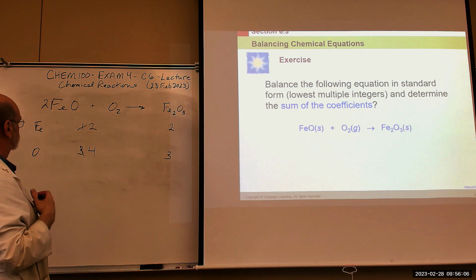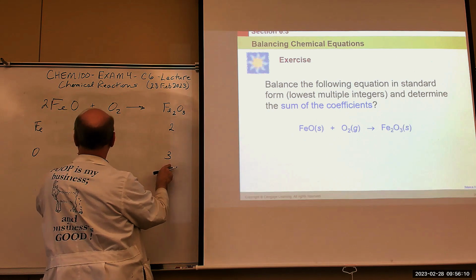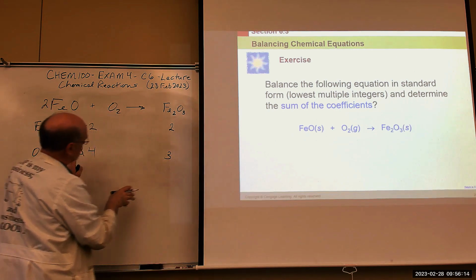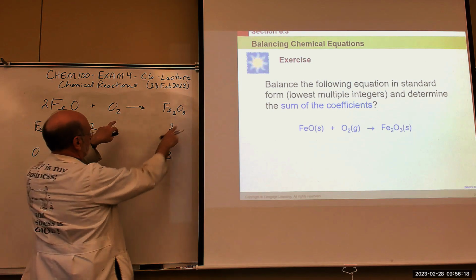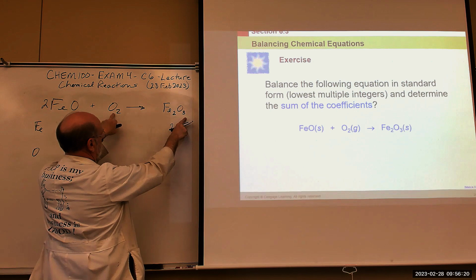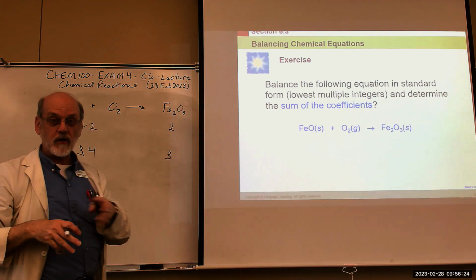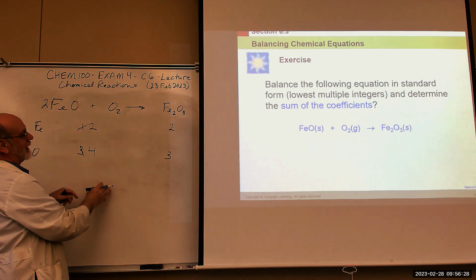All right. How about this side? Well, now what we've got is a situation where we've got a 3 and a 2. So I'm tempted to use that cross multiplication. I'm not sure if it'll work, but I'm going to try it.